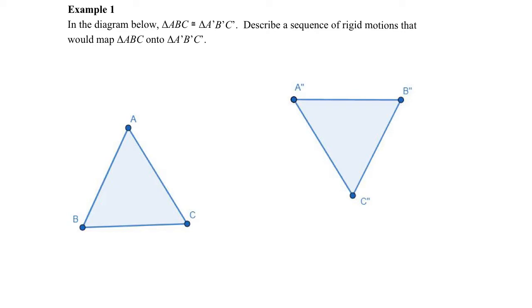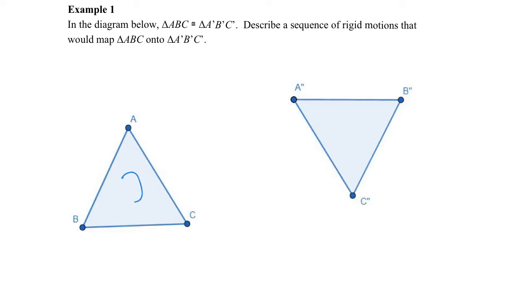Because if there's a reflection involved, then we want to get corresponding sides to map onto each other. And if there's a rotation involved, then we probably want to get corresponding points to map onto each other. So let's take a look here and decide if those things exist. Remember, the one property that lets us know if a reflection happened or not is orientation.